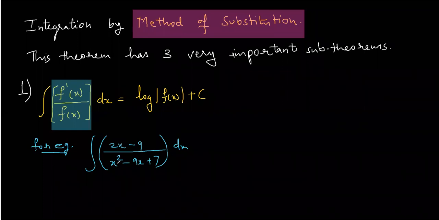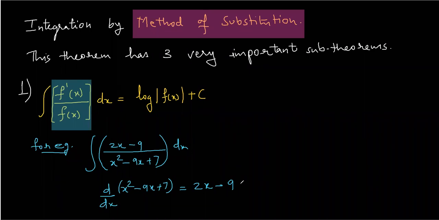The denominator here is x square minus 9x plus 7. If I differentiate this with respect to x, I get d by dx of x square, which is 2x, minus d by dx of 9x, which is 9 into 1, that is 9, plus d by dx of 7, which is 0.